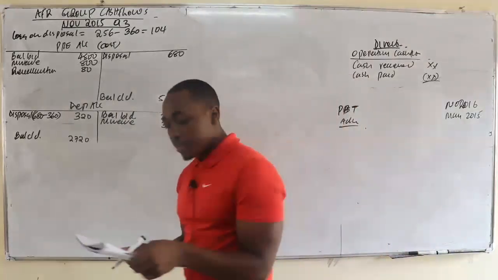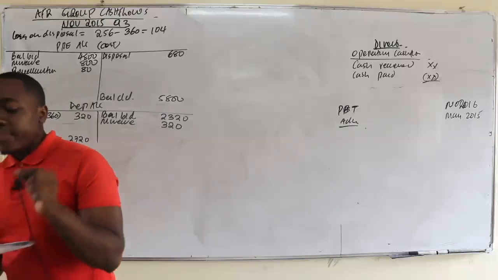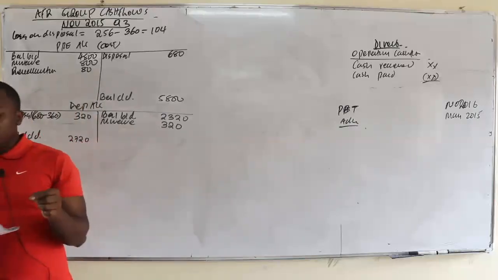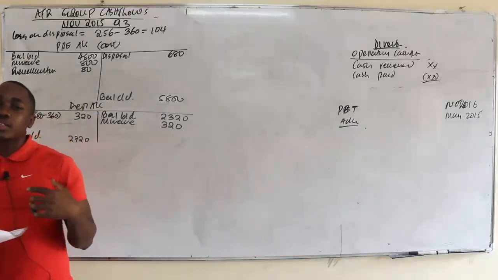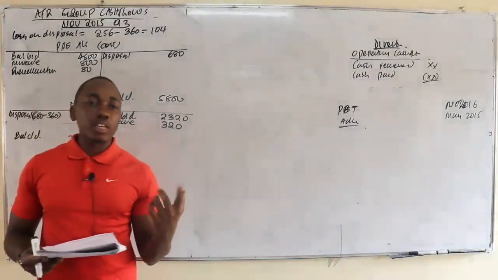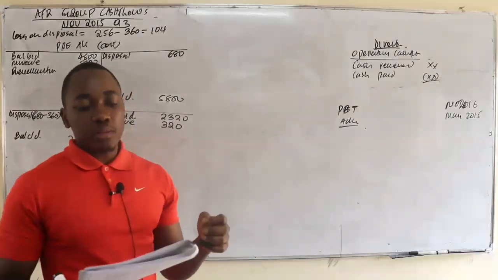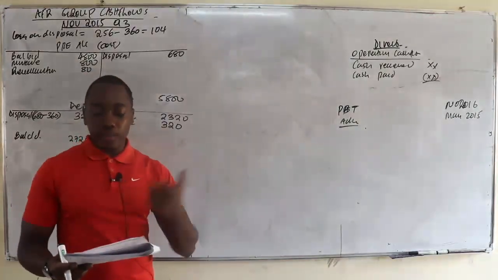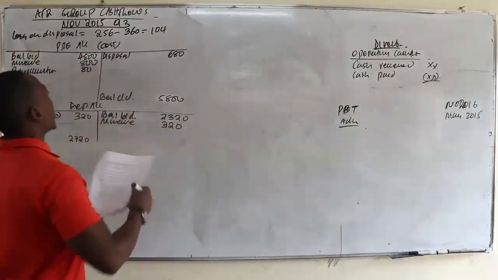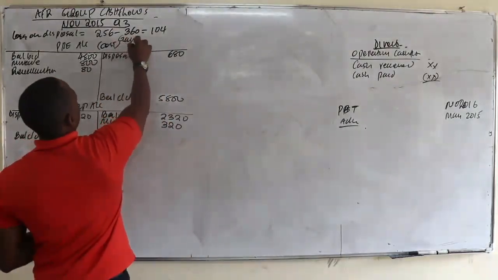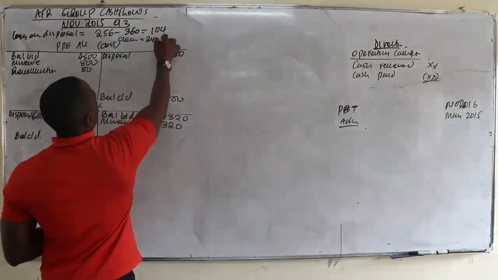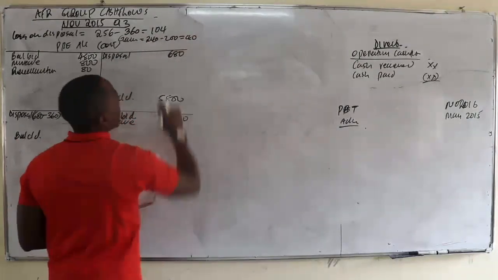Now let's go back to note number 4. The other investment was sold for 240. Now the question is, was it a disposal gain or a disposal loss? It was a gain. 240 minus 200, there was a gain of 40.